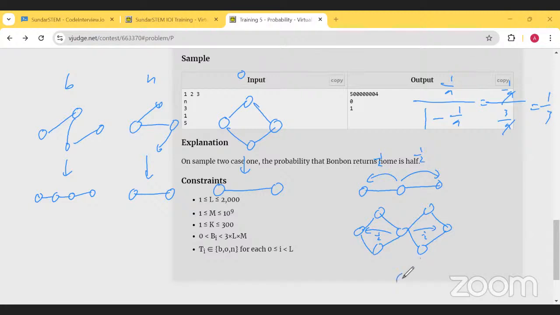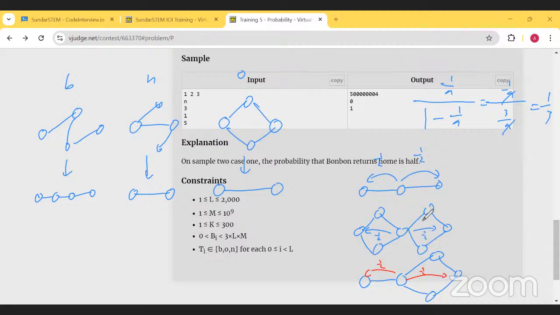Okay, and then what if like this? We will prove that the probability is also half here, half here. So that means we can ignore whether this is linear or there is a cycle here.